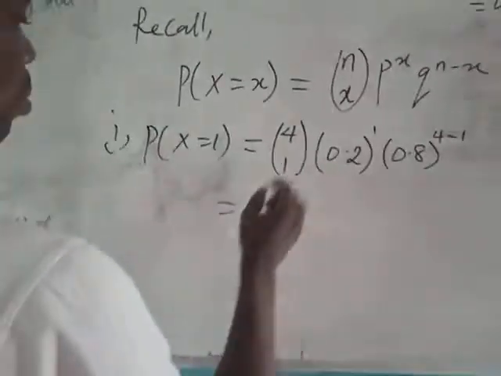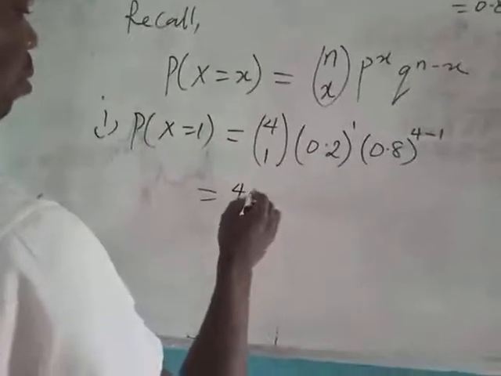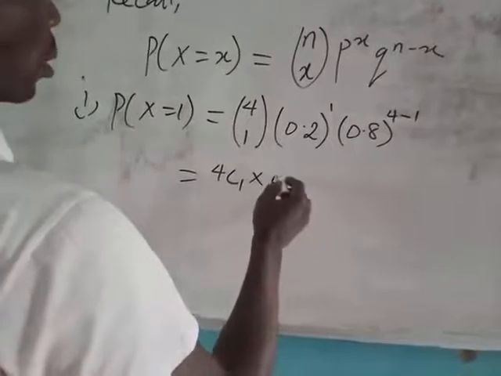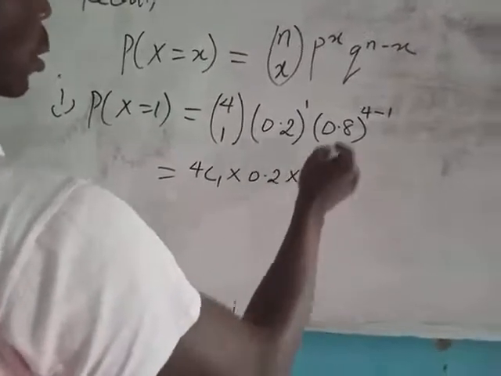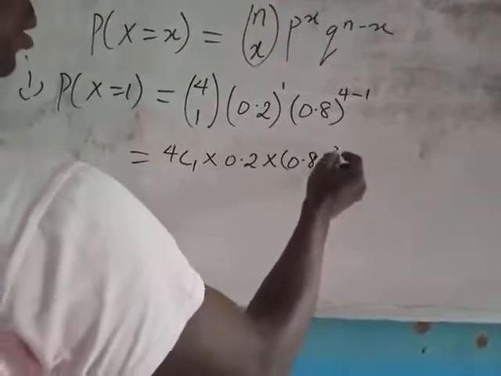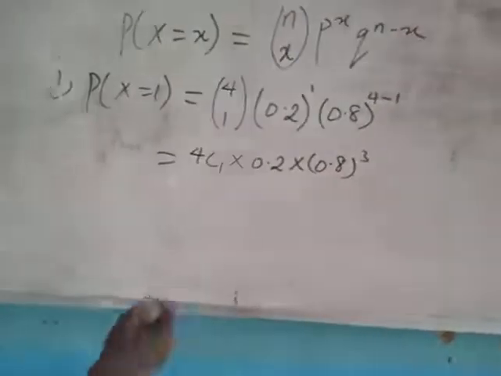So this is the same as 4 combination 1, then times 0.2 times 0.8 all raised to the power 3. So 4 minus 1.